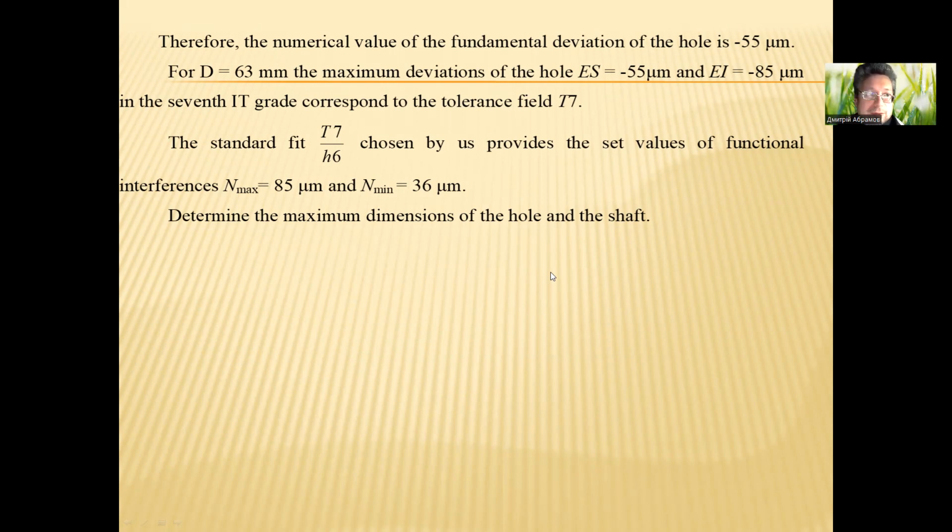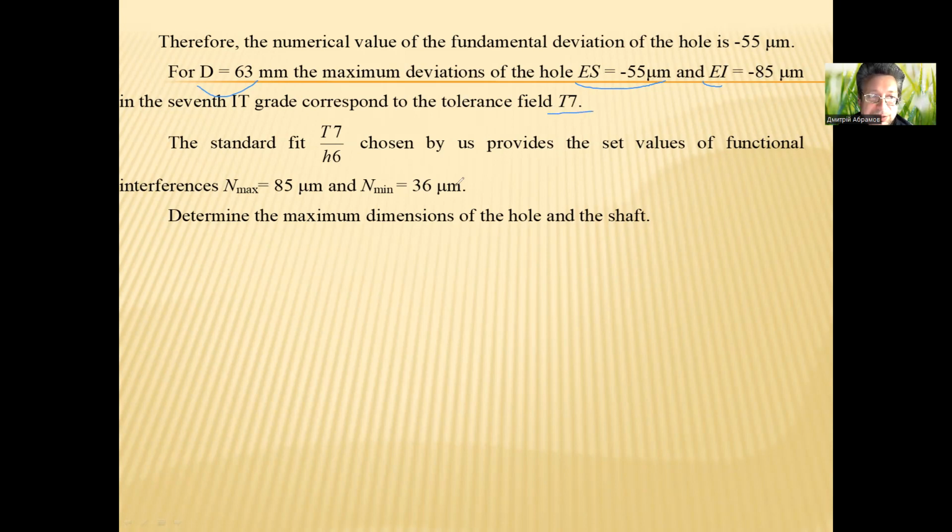For nominal diameter 63 millimeters, the maximum deviation of the hole, big ES, is equal to minus 55 micrometers, and big EI is the lower limit deviation of the hole, equal to minus 85 micrometers. The 7th IT grade corresponds to the tolerance field IT7.